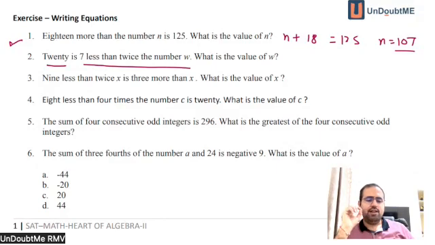Okay, it is 7 less than twice the number.